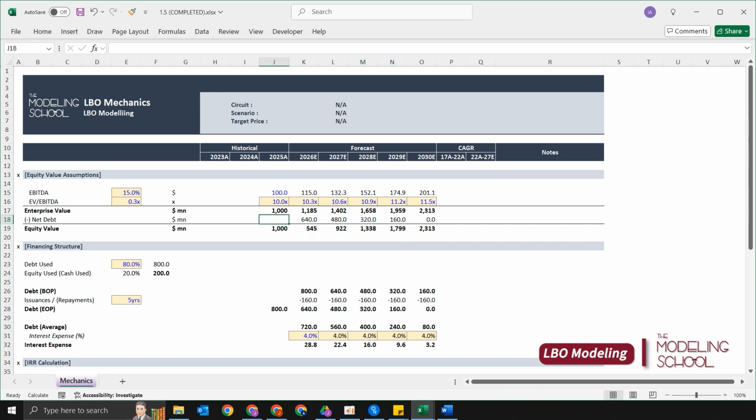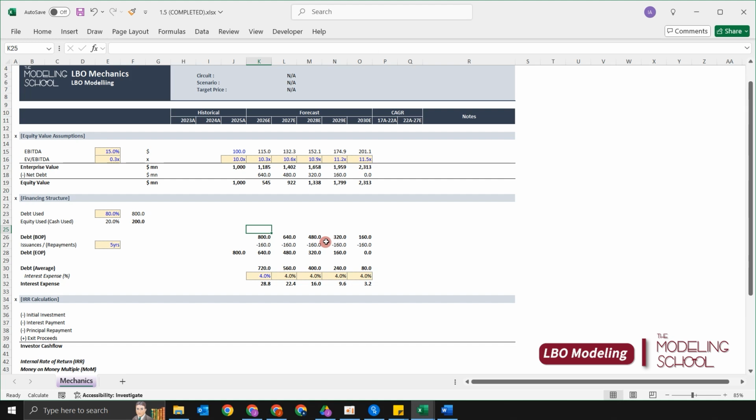By the way, we can put in 800 if you want, but we're going to leave it like this for the moment. And you can see that equity value increases dramatically over time as the company repays debt.